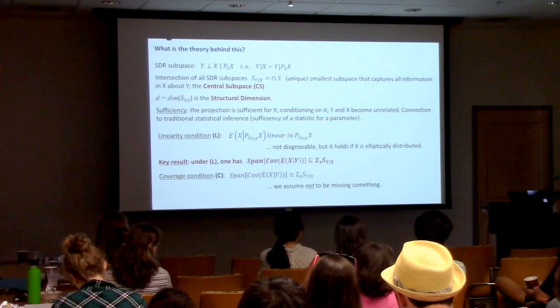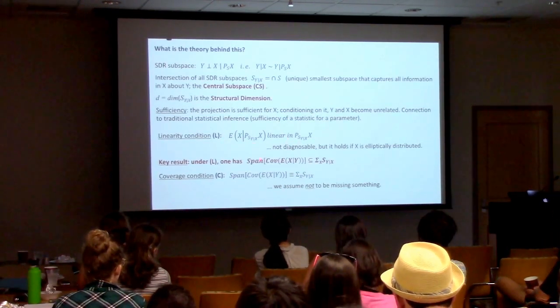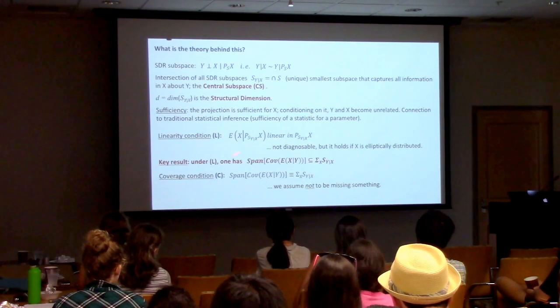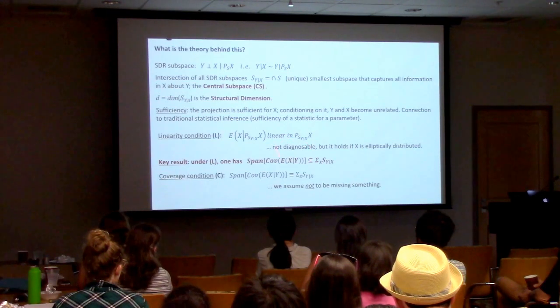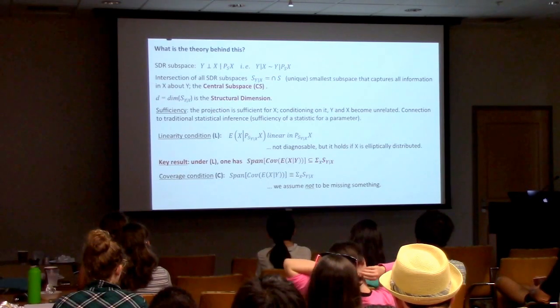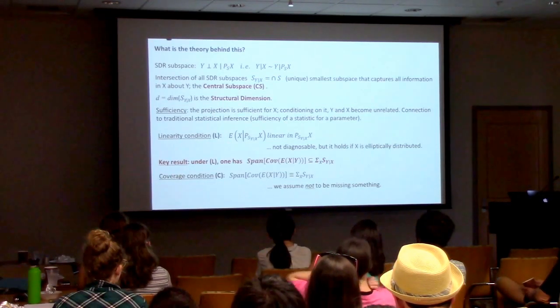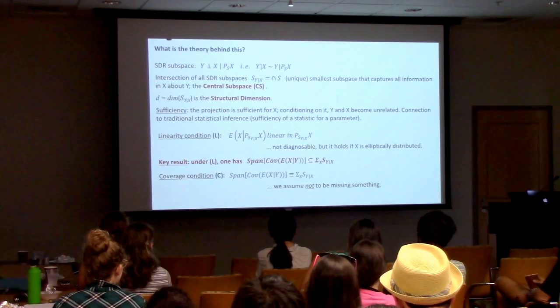If that's true, this holds: the span of the covariance matrix of E of X given Y is indeed inside the space that you're looking for, modulo a rescaling. So this is the theoretical basis to do SIR. And it holds with no assumptions on Y given X, only assumptions on X, which needs to be regular, essentially. If it's elliptical, for instance, it works.